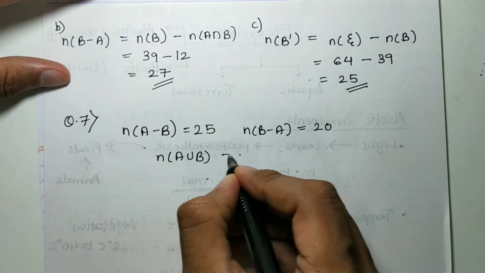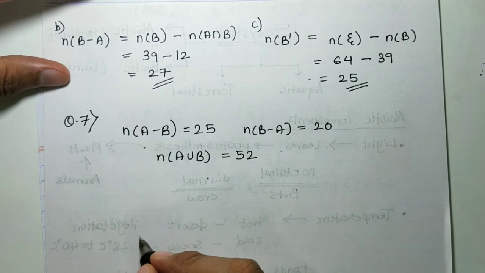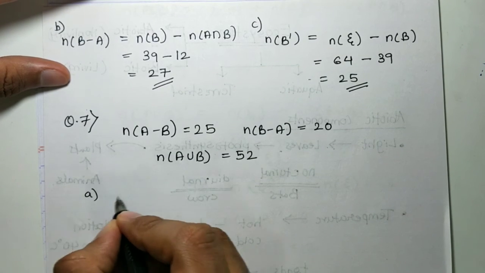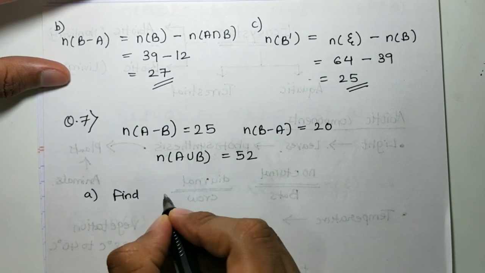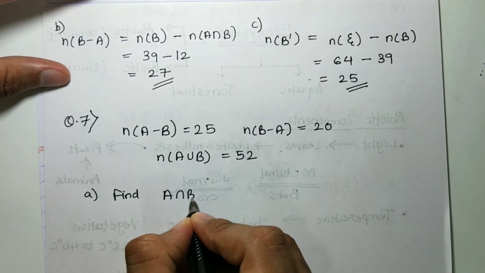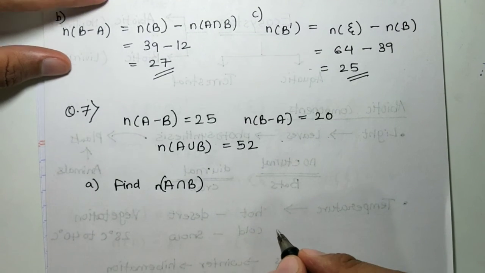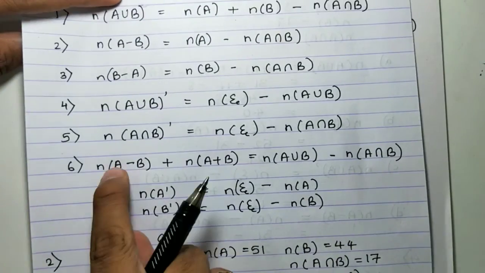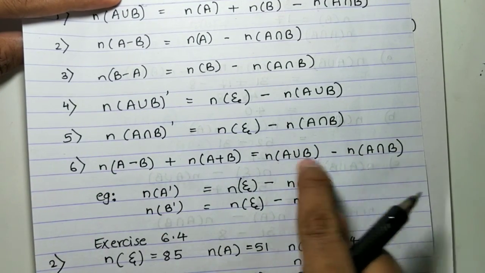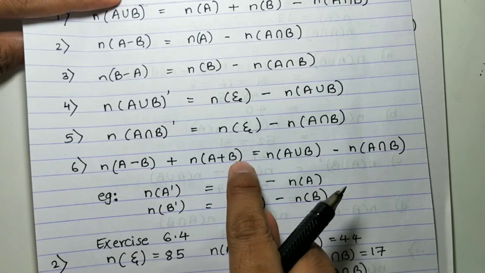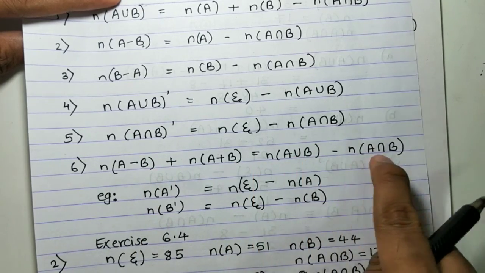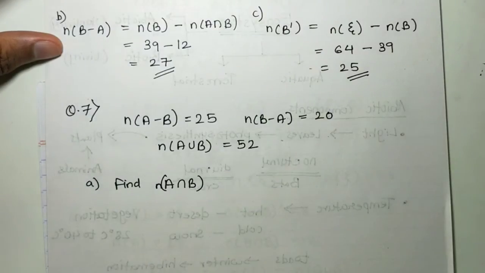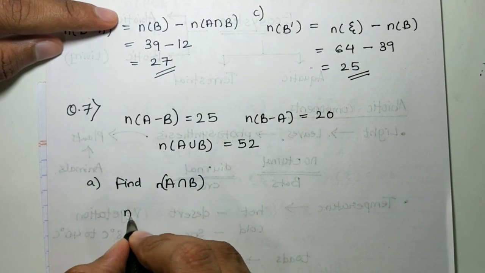A union B is 52. So first you have to find A intersection B. I gave you this formula, formula number 6: n(A minus B) plus n(B minus A) equals n(A union B) minus n(A intersection B).